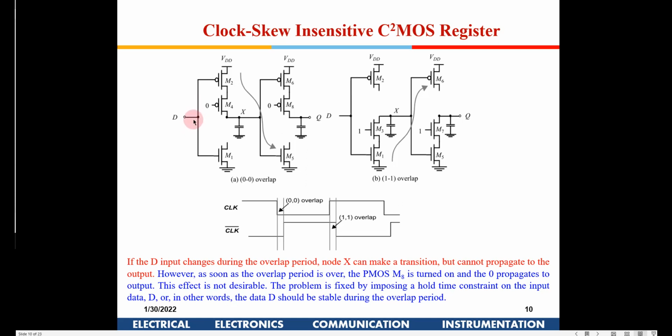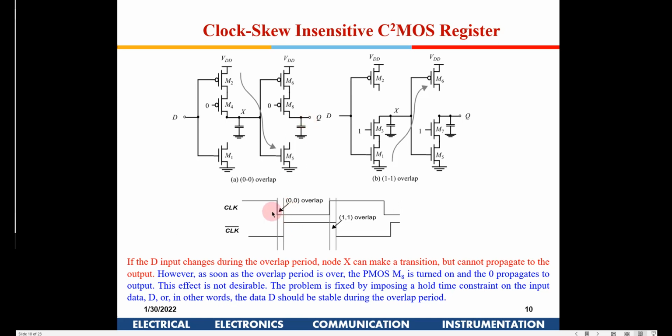When it goes from 1 to 0, this will change state, right? But then when the clock is going high, this is going to bring in this transistor, and when that transistor is getting switched on, now the change is going to get reflected at Q.